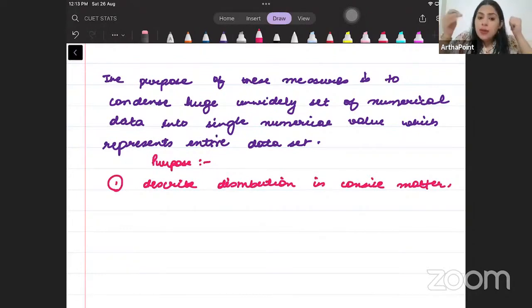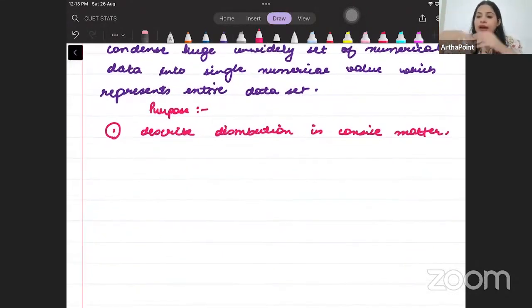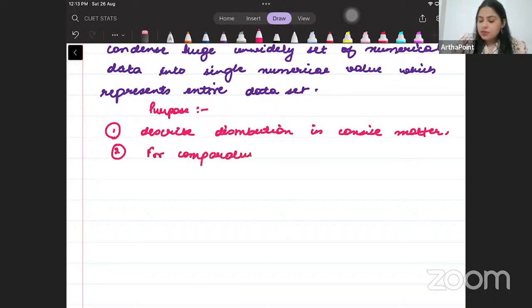So to compare different distributions also, the central tendency becomes important. So the second one is for comparative study of different distributions.